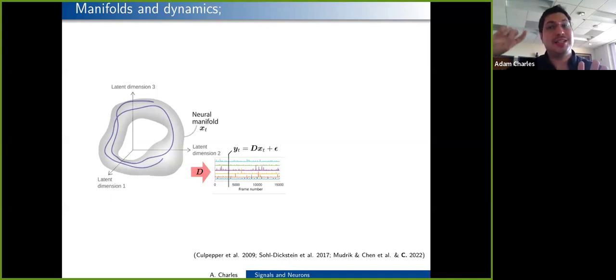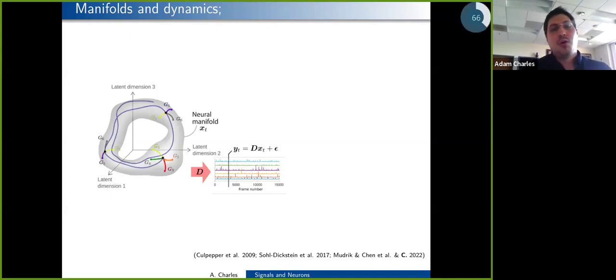There's an identifiability problem if both your readout is nonlinear and your dynamics is nonlinear. You could basically have any type of diffeomorphic changes to one and compensate for them in the other. It becomes a whole mess of identifiability. So here we're going to assume that the readout is linear.